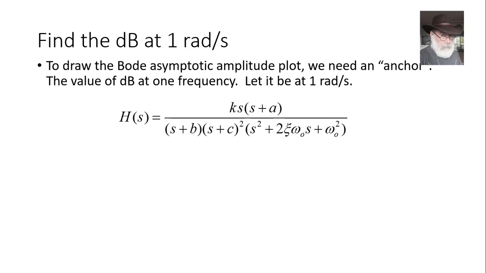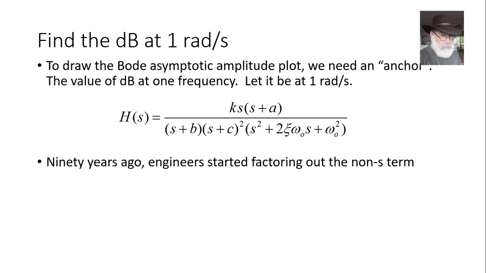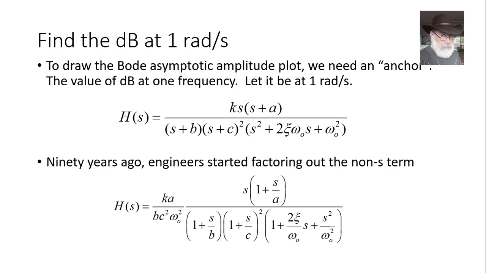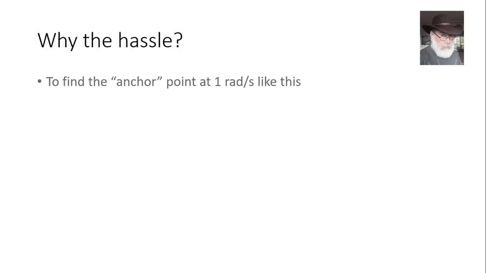Let's say that transfer function has a constant k, a zero at 0, a zero at a, a pole at b, a double pole at c, and a complex conjugate pair of poles with an undamped frequency omega naught. 90 years ago, engineers started factoring out every non-s term, every term that didn't have an s in it, and wrote the transfer function instead like this. Why? To isolate that constant on the left, ka divided by bc squared multiplied by omega naught squared. Why the hassle?